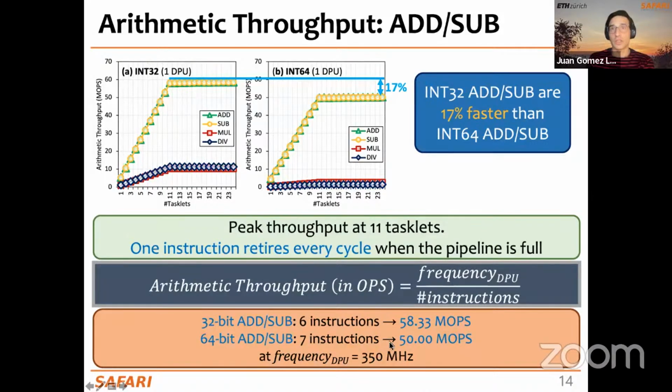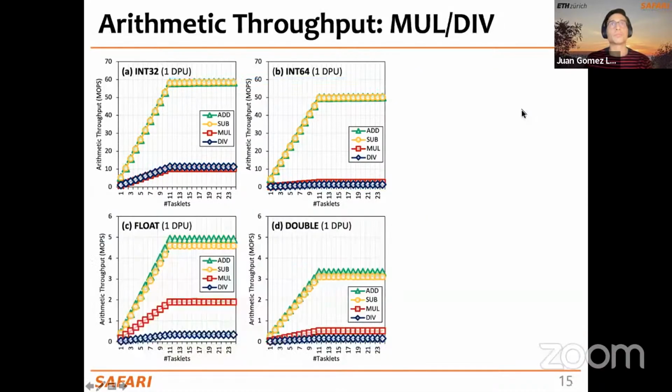These estimates at the bottom of the slide are exactly, or very, very similar to, what we are measuring on the real DPU, which you can find in the upper plots. Feel free to stop me if there are any questions.